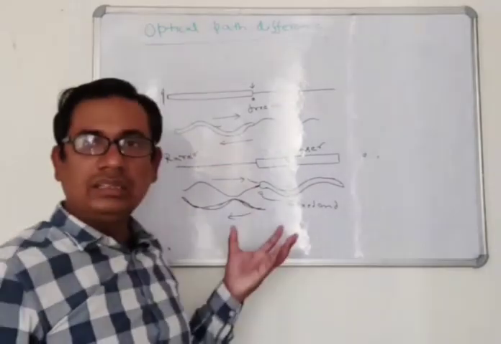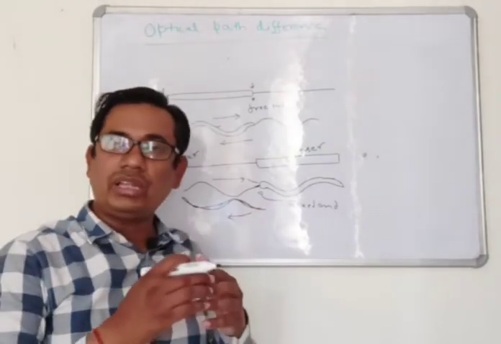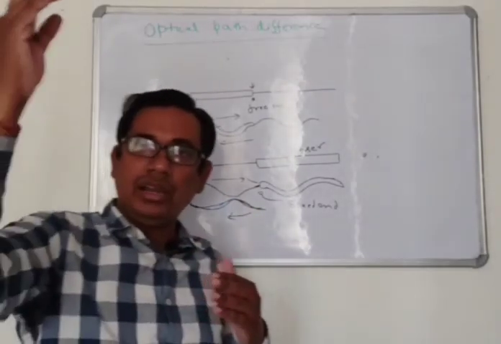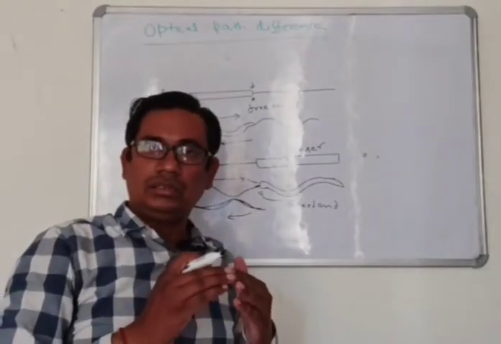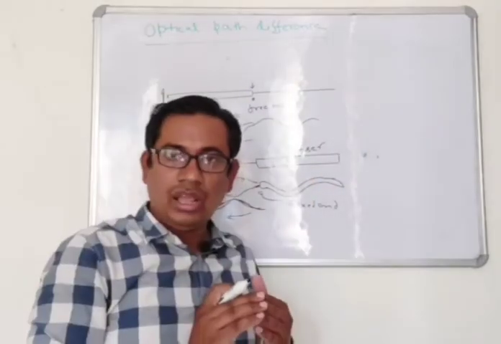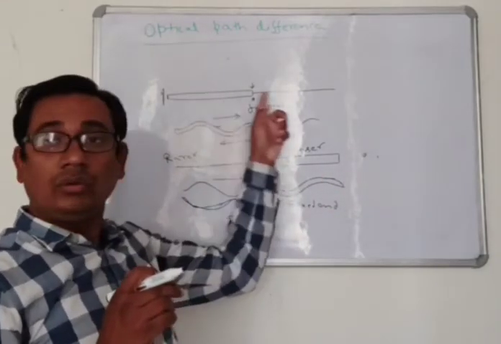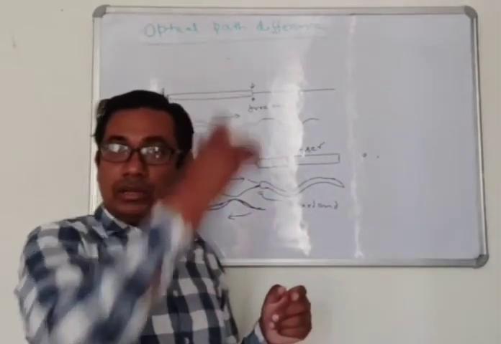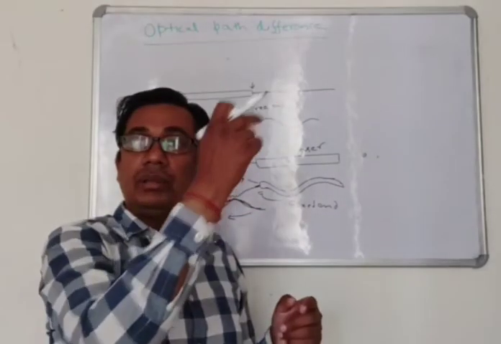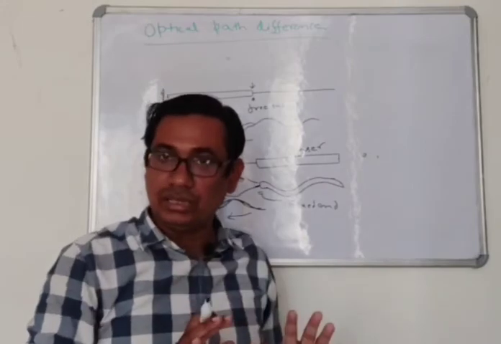Now you can compare this example. When the light is coming from rarer to denser, the reflected light will change phase as compared to the incident light. When the light is coming from denser to rarer, the reflected light will have no change of phase as compared to the incident light.